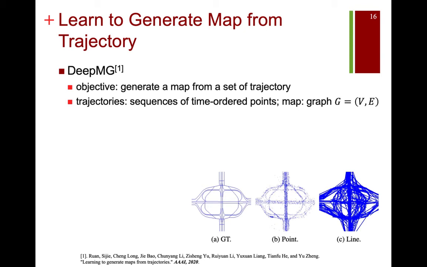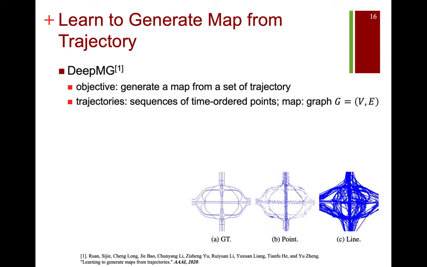We know that trajectory data is a type of sequence of time-ordered points, and a map is usually represented by a graph, which contains a set of nodes and edges connecting two nodes. Now, how can these two types of data be transformed from one to another? There are many different ways to do that.